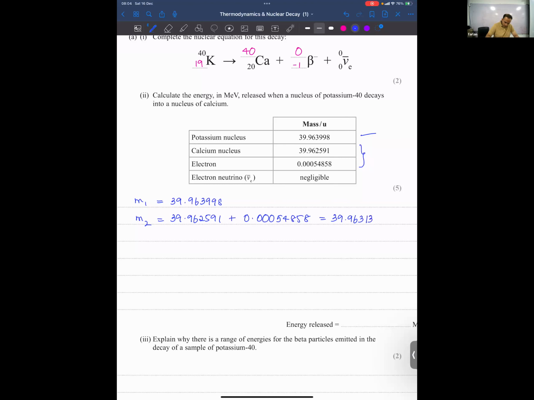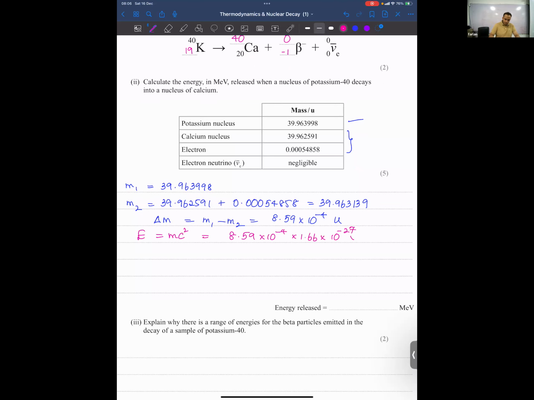Okay, so the energy release will be given by E equals mc square. So the M is 8.59 into 10 to the power minus 4, into, convert this into kilograms, 1.66 into 10 to the power minus 27. Am I right? That is in kilograms.